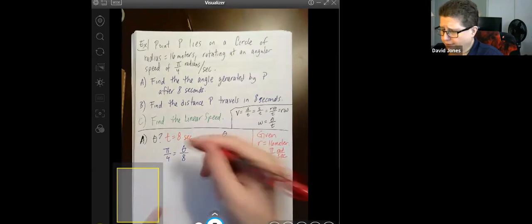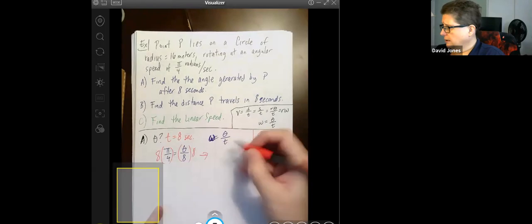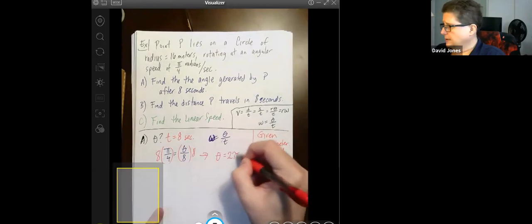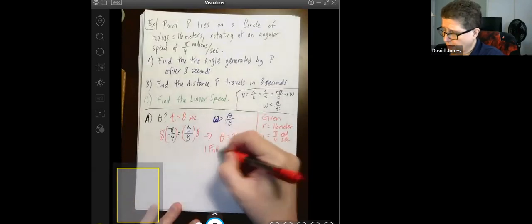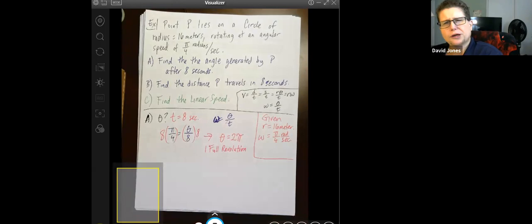We solve for theta, multiply both sides by 8, and we get theta equals 2 pi, which makes it 1 full revolution. Is that a fast moving carousel, 8 seconds to go around? That seems pretty quick.